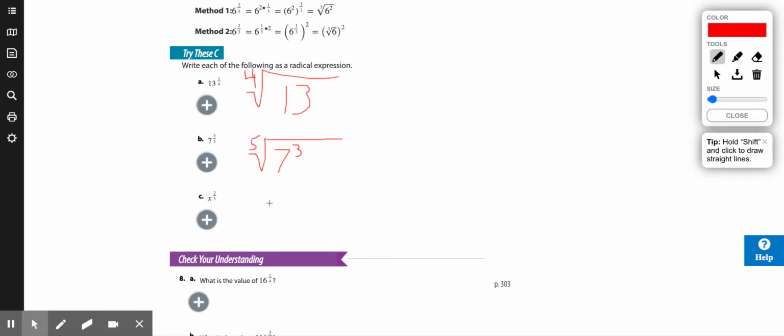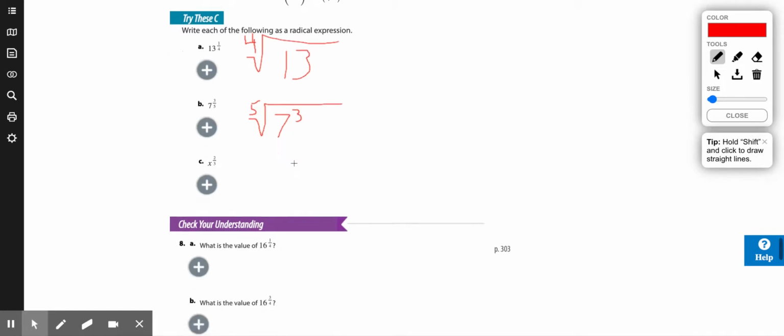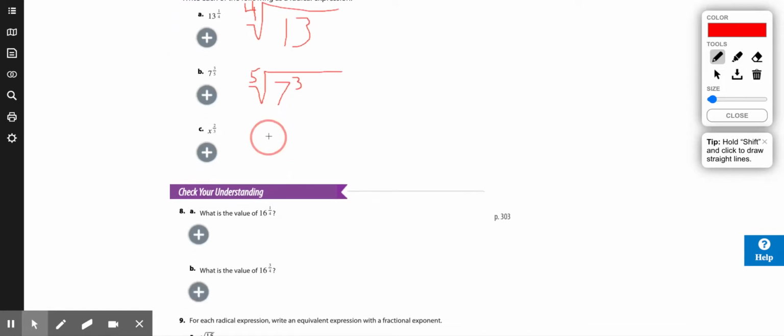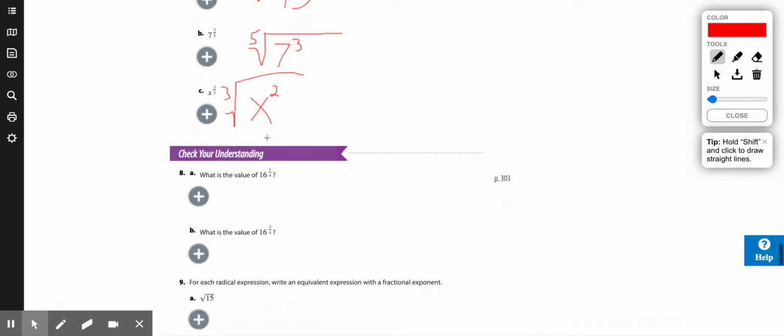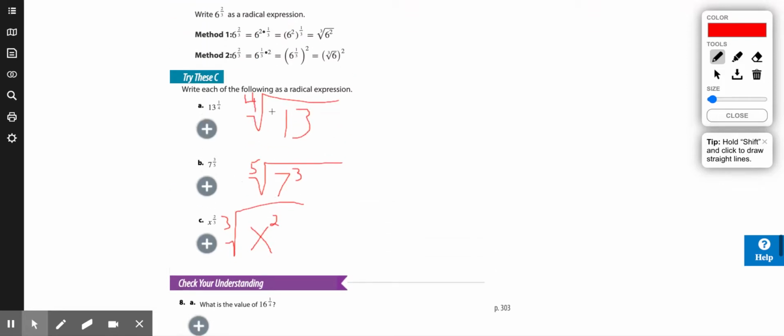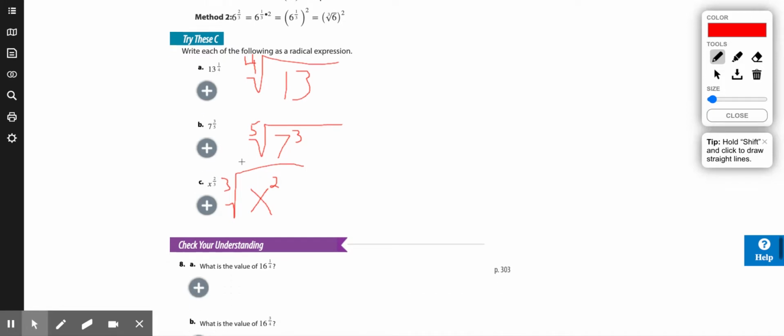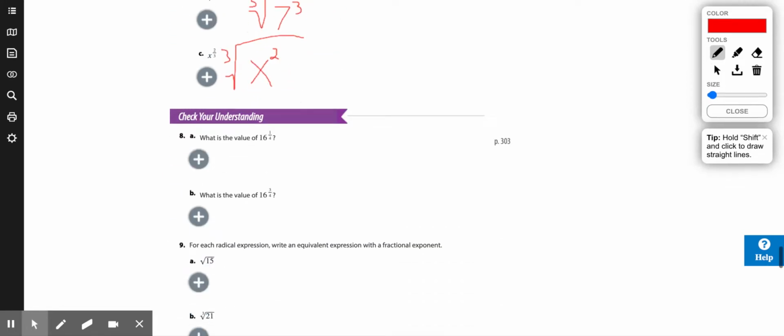So the 5th root of 7 to the 3rd power. X to the 2/3, well, that would be x squared, and we're taking the cubed root. Okay, so fractional exponents are the radical system, the root system. Sometimes you want to write it one way, sometimes you want to write it the other way, but they can go back and forth.